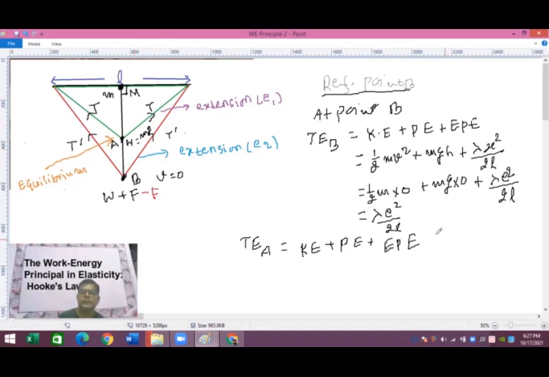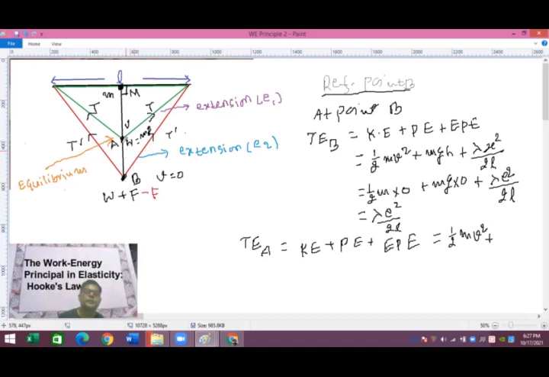So for kinetic energy, definitely at this point its velocity is going to be v, for example, or you can say v1 as you like. There will be some value of the velocity in this case, therefore there will be kinetic energy also. So you can write half m v square, because velocity is v at this point, and it does have potential energy also because the displacement has changed here.